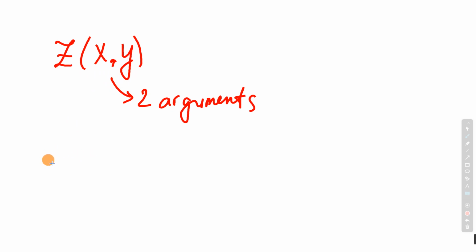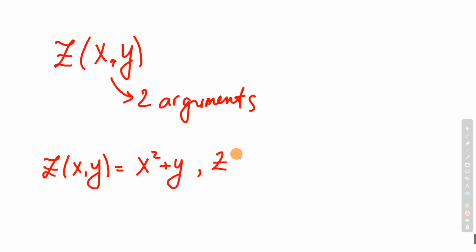Let me give you one small example. z of x, y equals x squared plus y. We have such an equation. How to compute z of 2, 1? That means we need to input 2 instead of x and 1 instead of y.